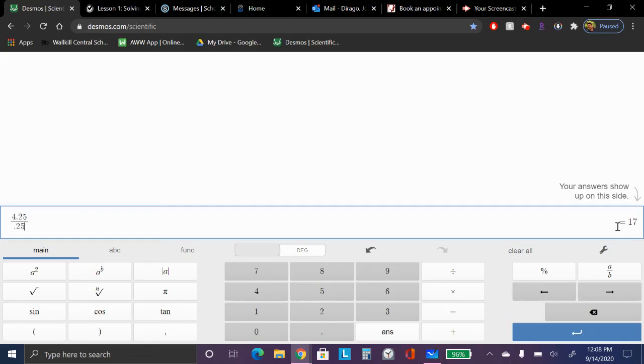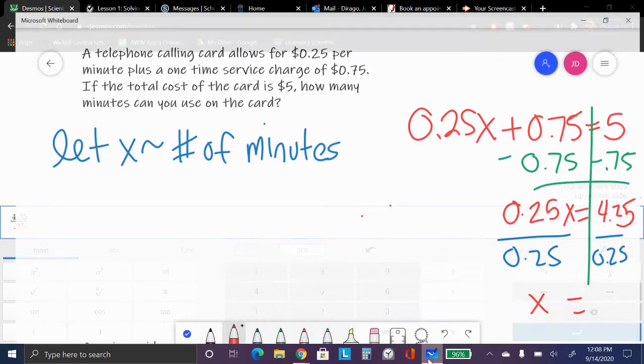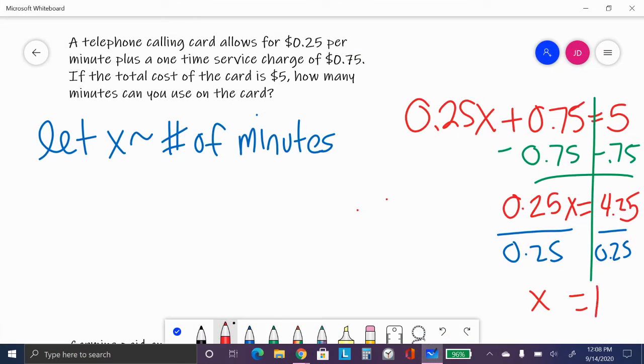And you get 17. All right, so how many minutes will she use on the card? Whatever's on the card is going to be 17 minutes left on that calling card.